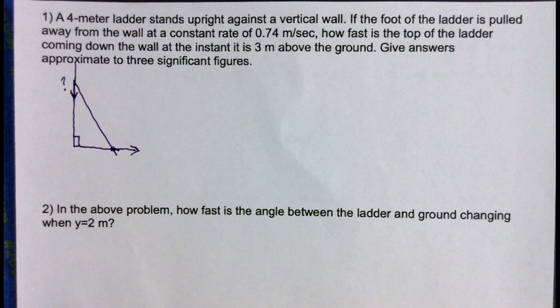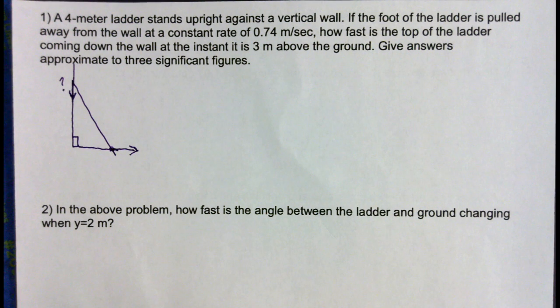Well, is that changing at all? No, the ladder is 4 meters long, and whether it falls or blows away, it's still going to be 4 meters long. Still using Pythagorean theorem. And I think I'm going to call this height. And if I call that height, what would I call this? Base. Okay, I like it.